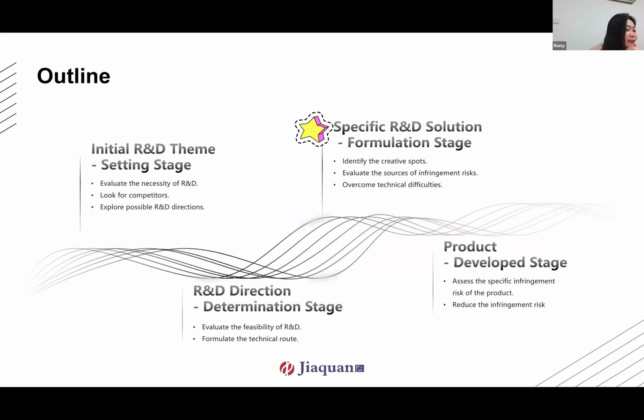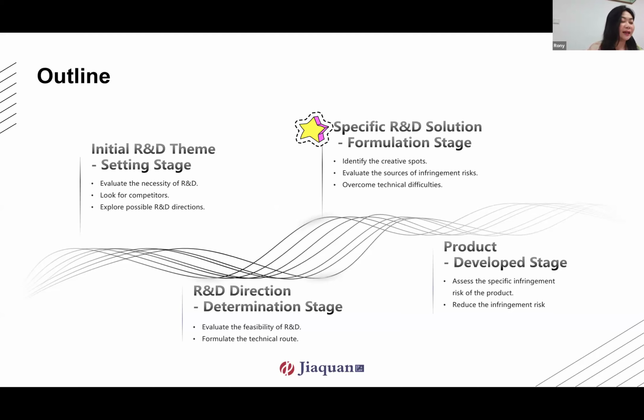In actual work, I found that few clients are aware of using patent search and analysis and patent intelligence to promote R&D in the very, very early stage of development. More clients usually come to us when they are in the later stage of R&D. And at this point, they already have some clear R&D solutions.